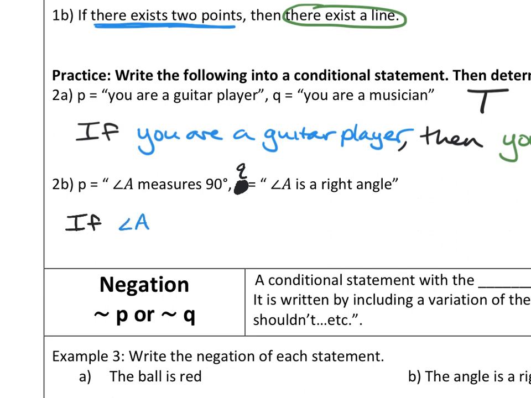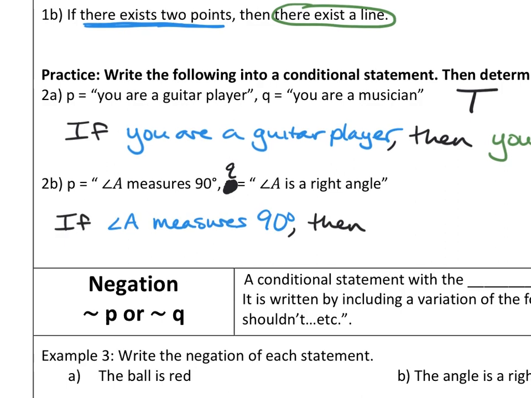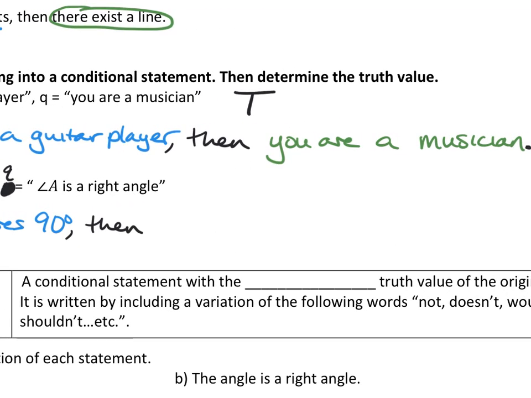Okay, I think that murmuring was if angle A measures 90 degrees, that's our hypothesis, then what's the conclusion? Very good. Angle A is a right angle.